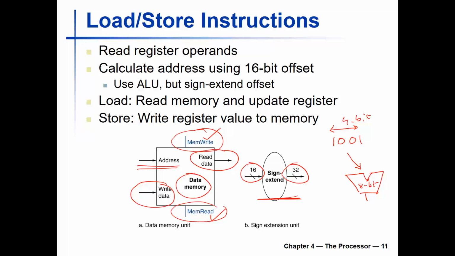Sign extend means you look at the sign bit and copy it 4 times. So now you have 8-bit, and now it can be used in an 8-bit ALU. So sign extension means copy the sign bit, in this case 4 times, and in the case of the instruction 16 times, so that the data width will be 32.